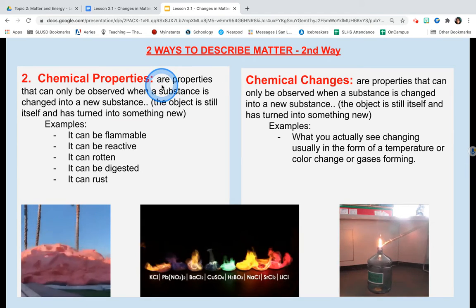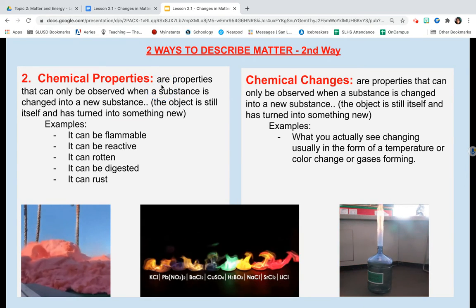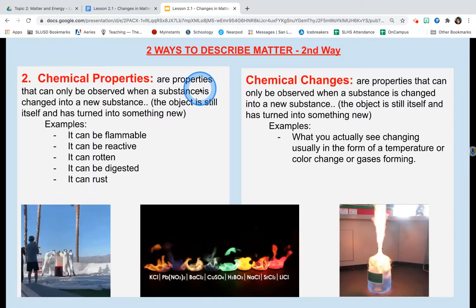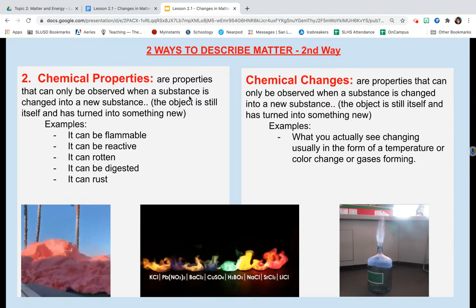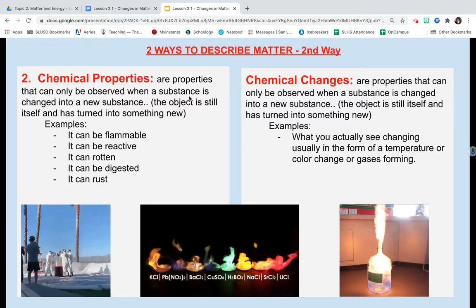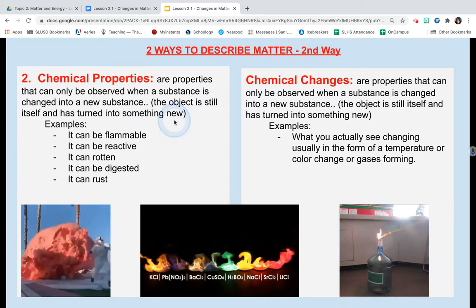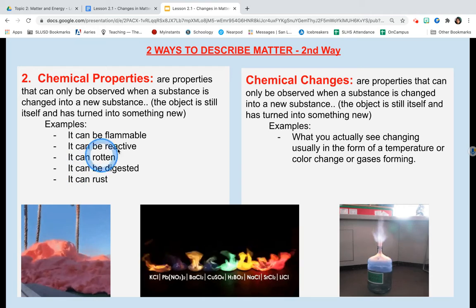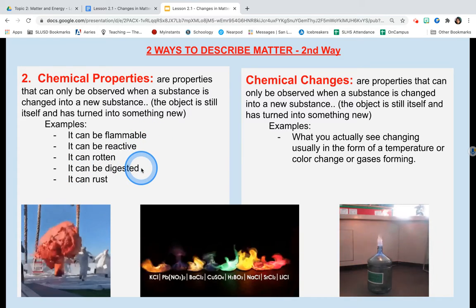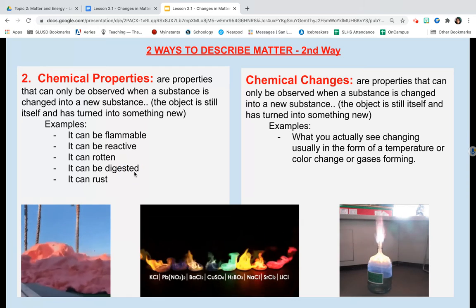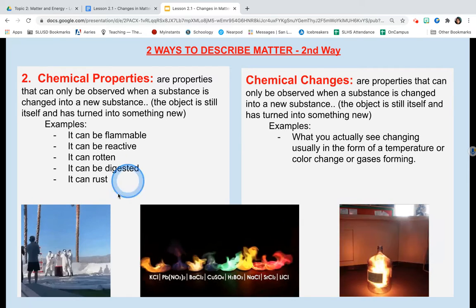So the fancy description in chemistry is that chemical properties are properties that can only be observed when a substance is changed into a new substance. So basically, something that wasn't there before showed up, right? So something can be flammable, it can be reactive, it can get rotten or digested. Something can change about this thing. Those are chemical properties, right?